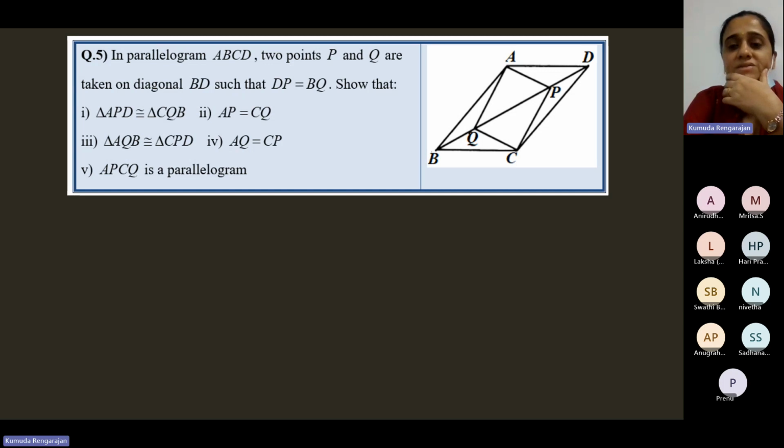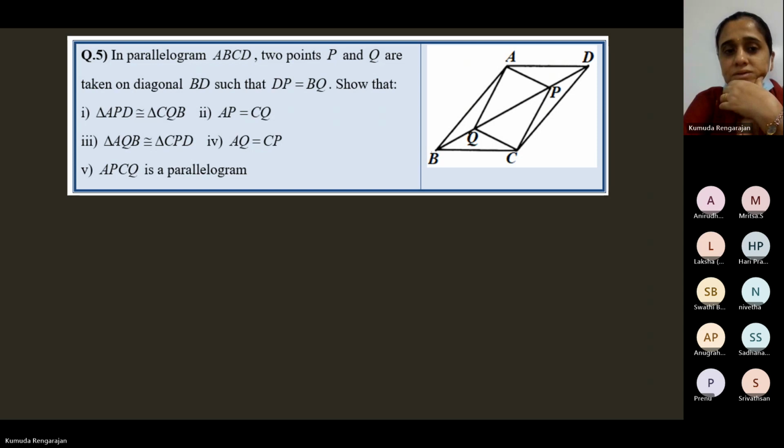So here ABCD is a parallelogram. Two points P and Q are taken on the diagonal BD such that DP equals BQ.